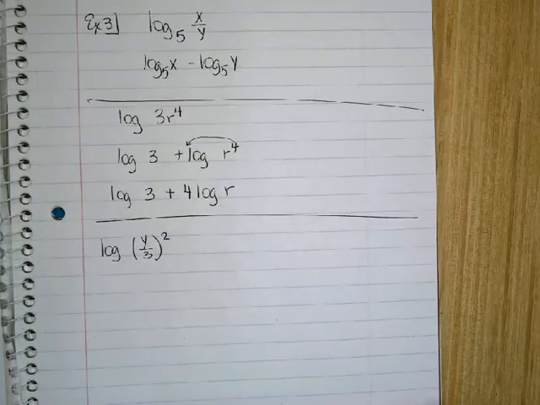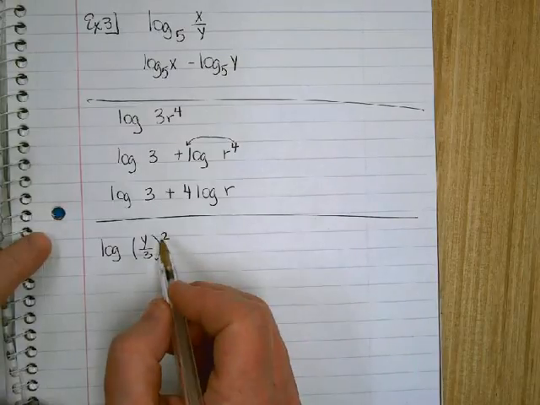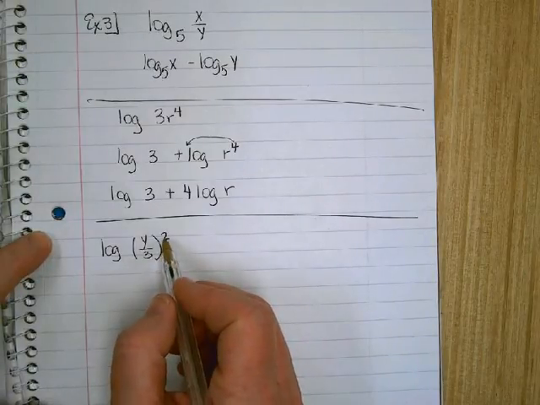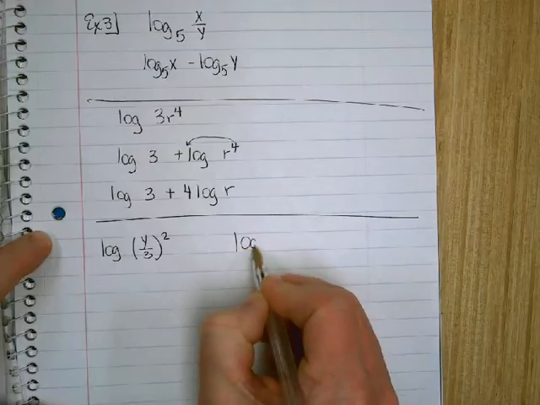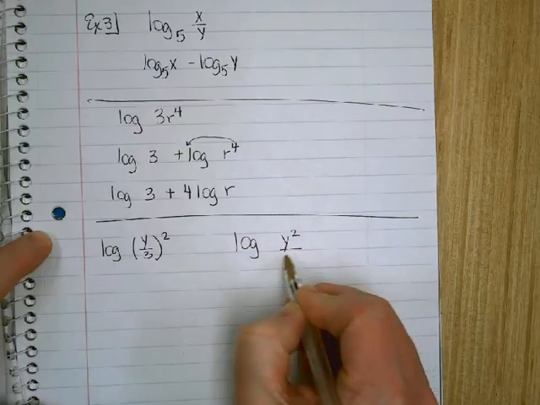Now let's look at this one. Log base 10 of y over 3 all squared. Tell me what the 2 affects in this problem. Everything. The y and the 3. You can do this 2 different ways. You can split this up and call this log of y squared over 3 squared.